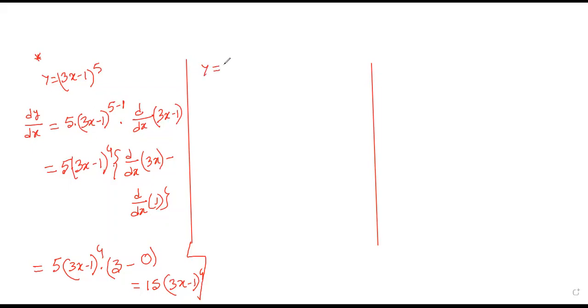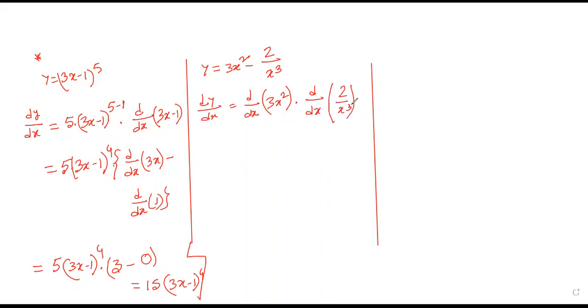y is equal to 3x square minus 2 divided by x cubed. Here, dy by dx is equal to d by dx of the term 3x square, minus d by dx of 2 by x cubed.